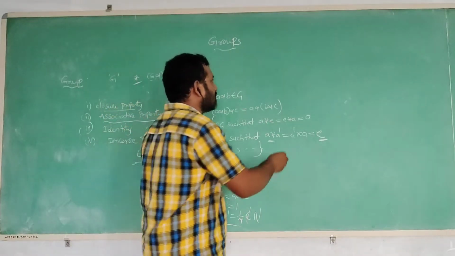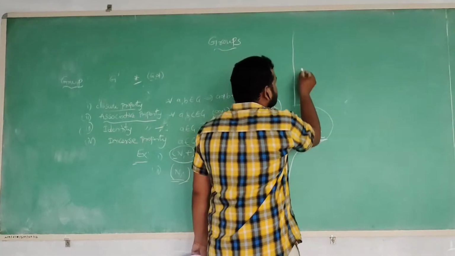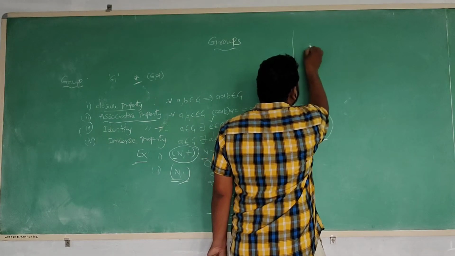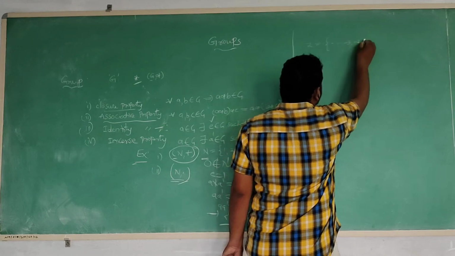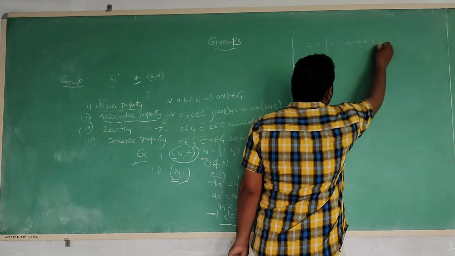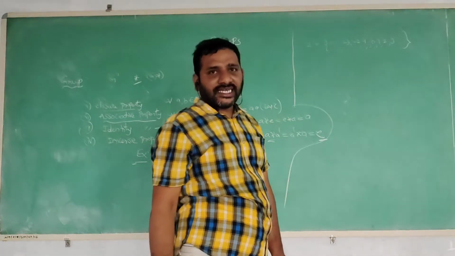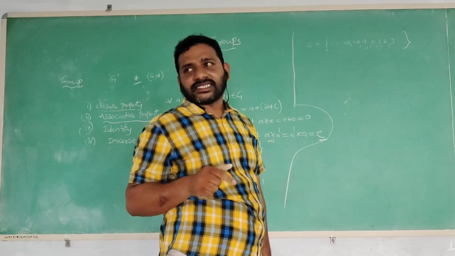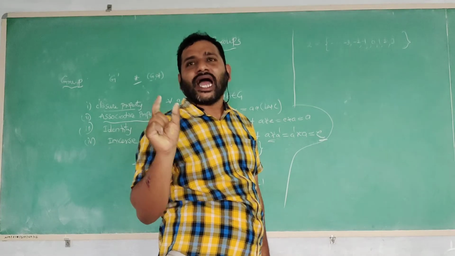Okay, we will see another example. The set of integers Z equals ..., minus 3, minus 2, minus 1, 0, 1, 2, 3 and so on. Is it a group with respect to addition?